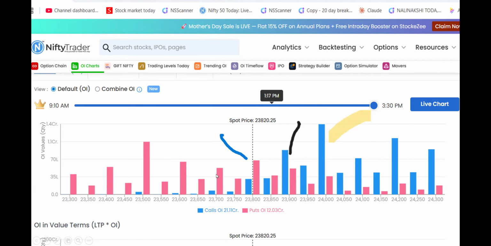And you can see 23,700, and the deep call writing area at 23,400. And this level is 23,950 in between, and it is 23,800 and 750.